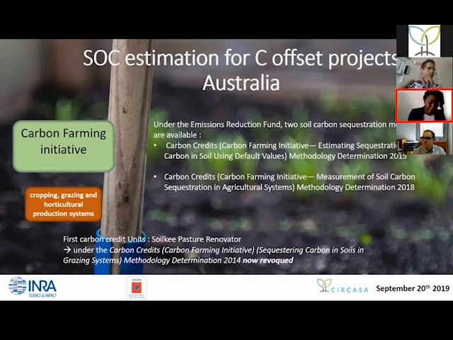The aim of this methodology was to help develop the voluntary carbon market. The methodology determination 2018 seeks to overcome the limits that have been underlined in the previous methods by introducing new components and adapting some components from the two earlier soil carbon methods, the 2014 and the 2015.